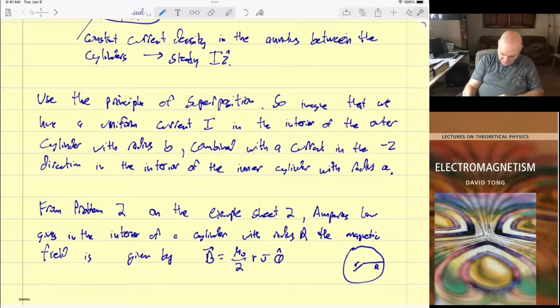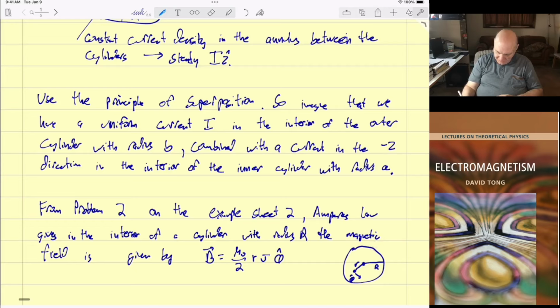This is in polar coordinates, so you could think about here phi-hat would be this way. It's just polar coordinates. So that would be the vector. The magnetic field goes around in the right-hand sense, counterclockwise, because the current is coming out of the page.